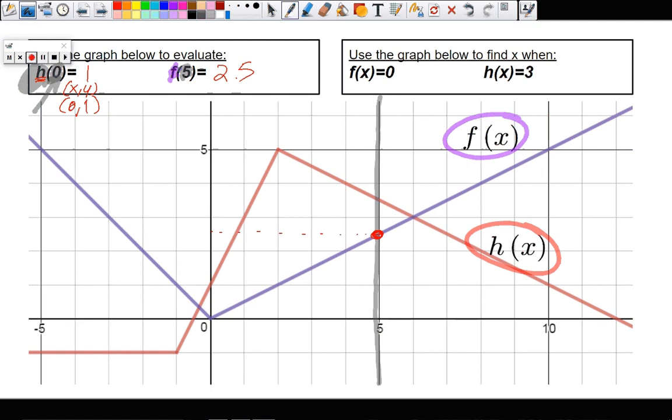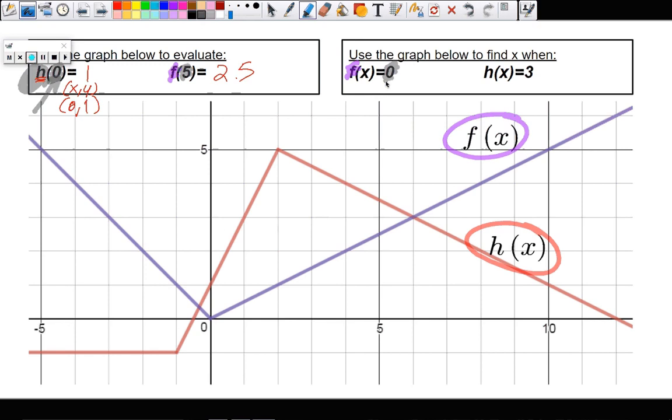Okay. So now let's jump back on f, and f is the purple graph. But this is different. I'm not giving you the input value. I'm wanting you to find that by me giving you the output y value. And the y value that I'm giving you is 0.